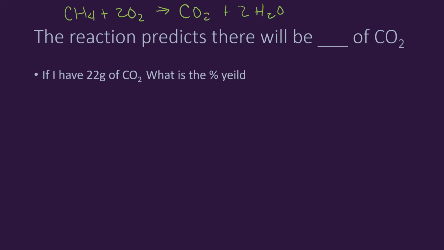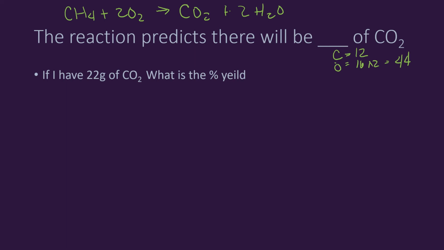Okay, so how many grams are we expecting to be produced? Our prediction from the last slide said that we're expecting 2 moles of CO2 to be produced. Carbon is 12, oxygen is 16 times 2, so CO2 is 44.